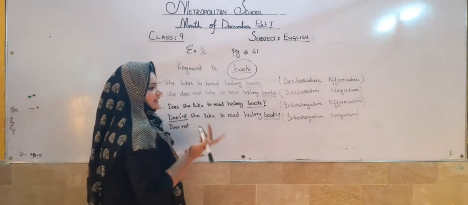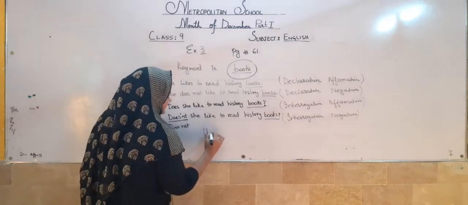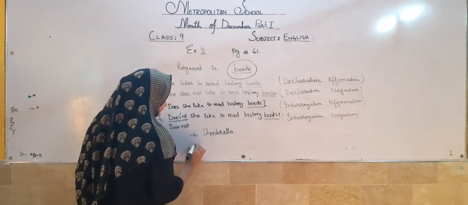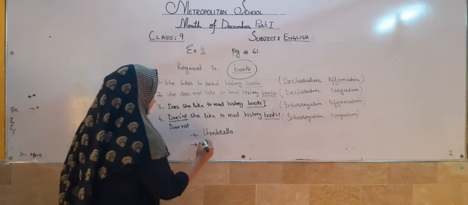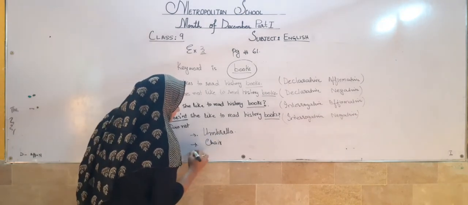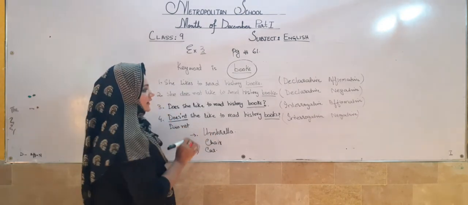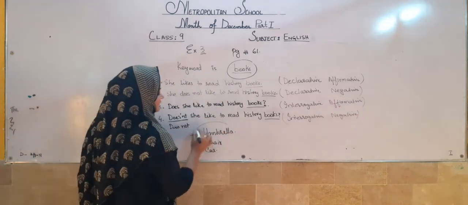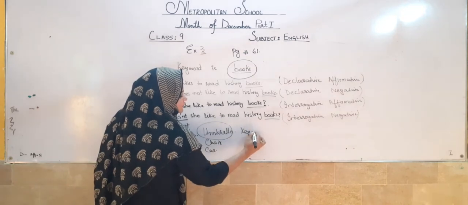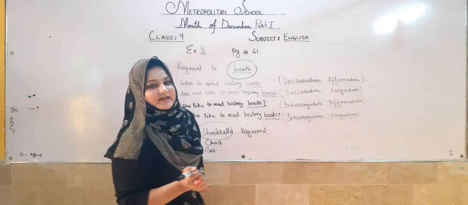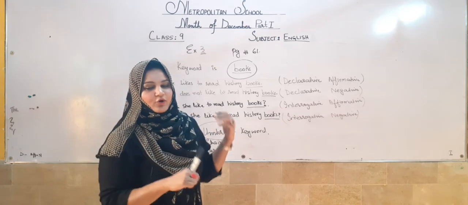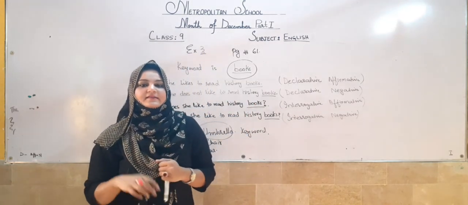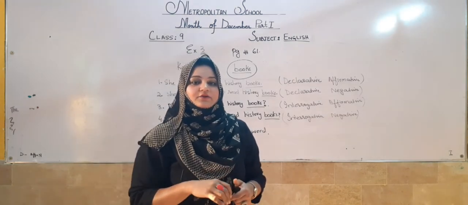Okay, you can take any noun like umbrella, chair, car. You can take any example and you need to write 4 types of sentences by using a keyword. Now it's up to you what your keyword will be. Okay, I hope you have enjoyed these types of sentences, and you need to do exercise number 1, 2 and 3 in your notebooks.